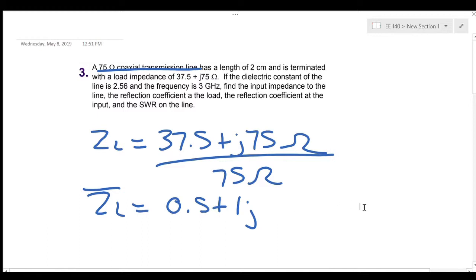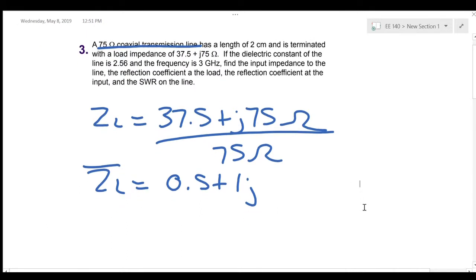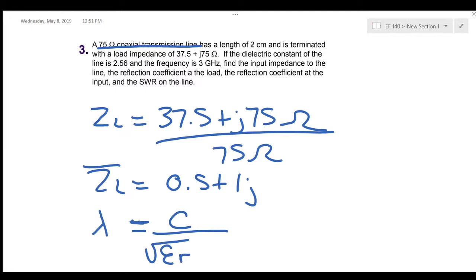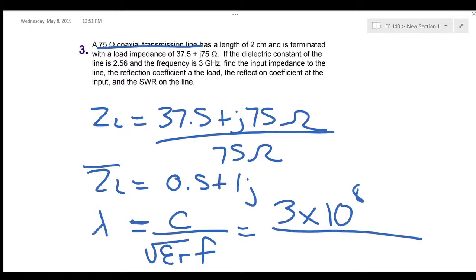Let's also find the electrical length of our transmission line. Lambda is equal to the speed of light over the square root of the dielectric constant multiplied by the frequency. So that's 3 times 10 to the 8th over the square root of 2.56 multiplied by 3 times 10 to the 9th.